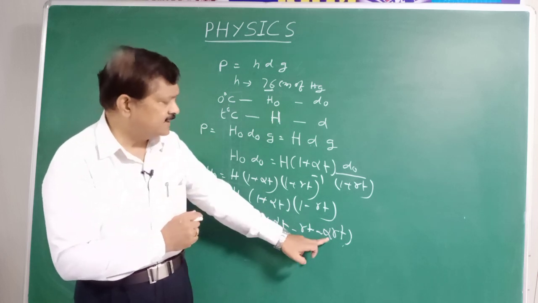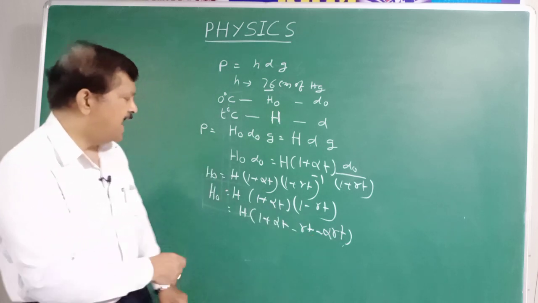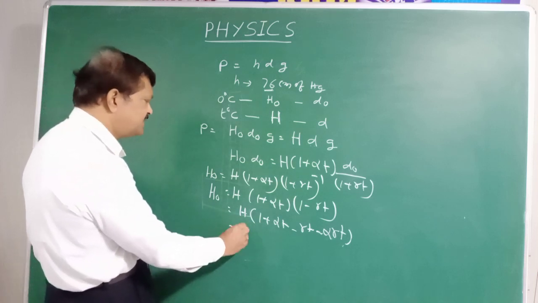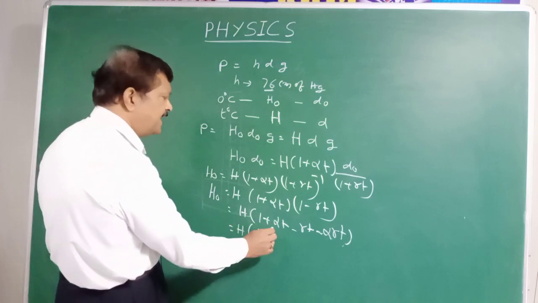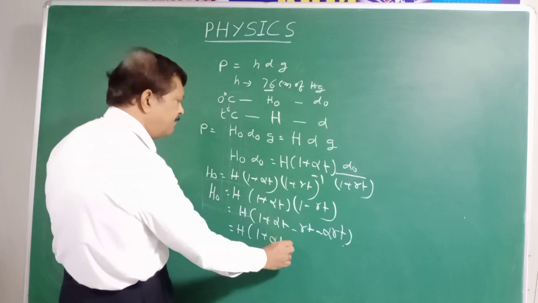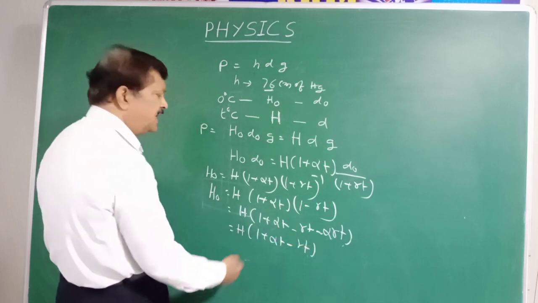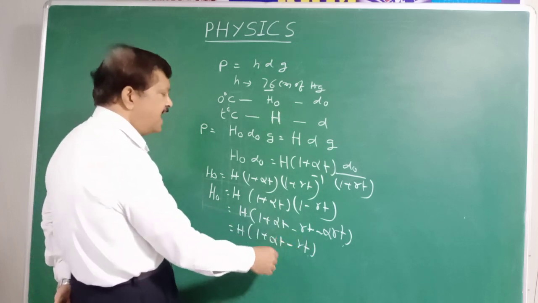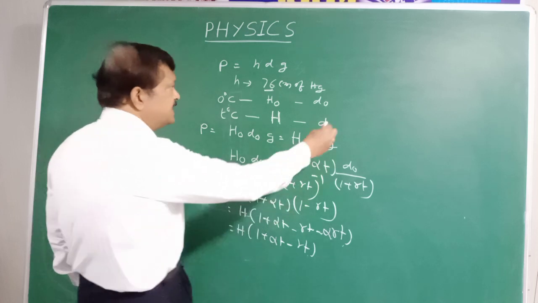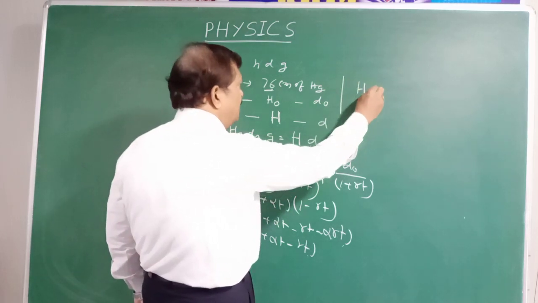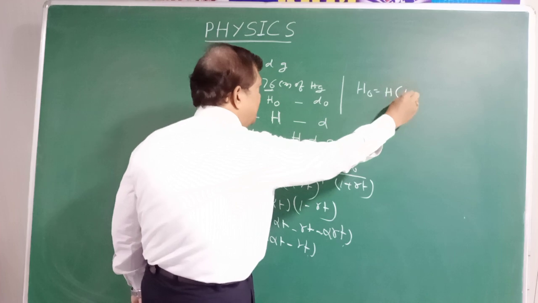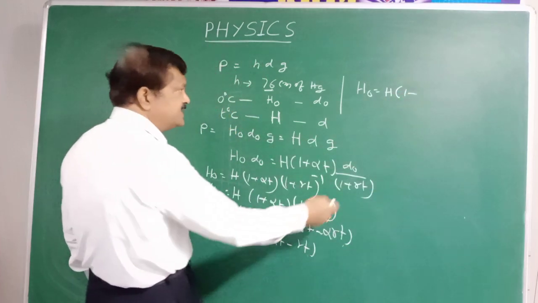So you can neglect the term alpha gamma T, and finally we can express this equation as H of 1 plus alpha T minus gamma T, measured at the temperature T. The final equation we can express as H0 equal to H of 1 minus (gamma minus alpha) T, taking minus as a common factor.